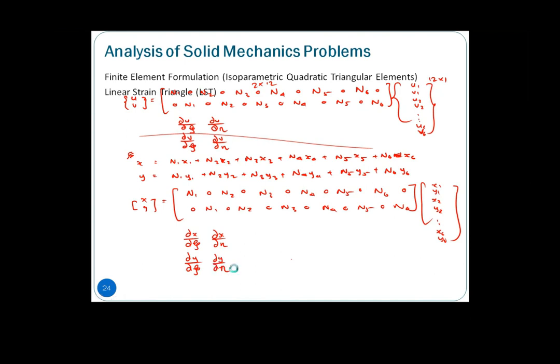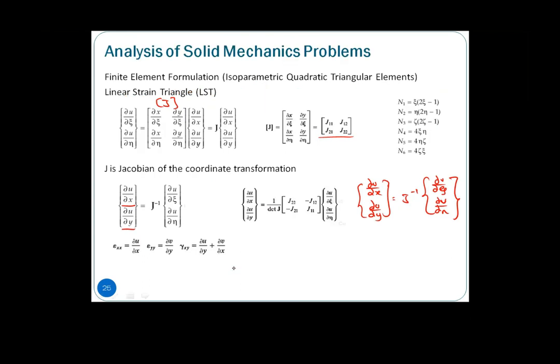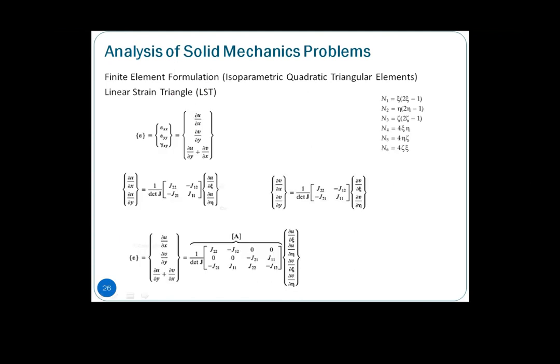And from here, we can find our del u, del x, del u, del y, del v, del x, and del v, del y. All right. So from what we have here, you rearrange them in terms of del u, del x, del v, del y, del u, del y plus del v, del x.